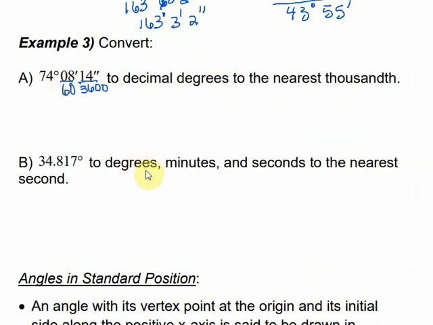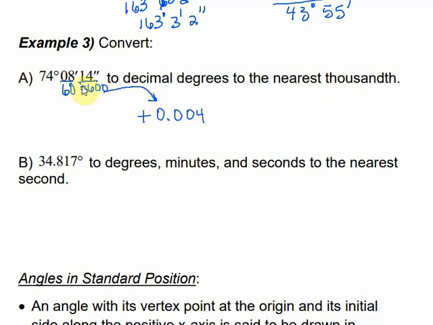Okay, so if I divide the seconds by 3,600, and it says to round to the nearest thousandth. Well, if I divide this, I get 0.00, and then it's 39, so that would be 0.04 for the seconds.